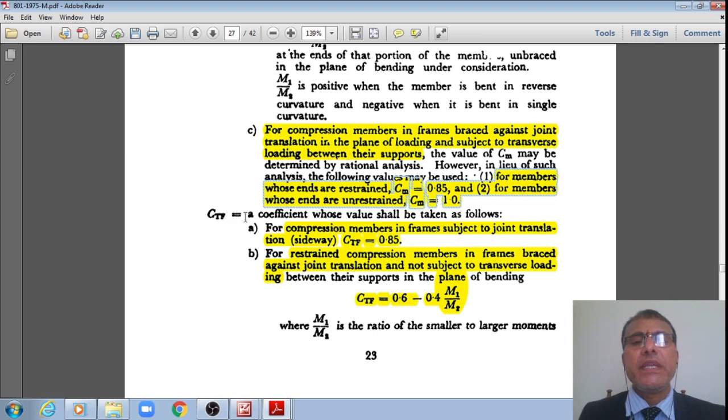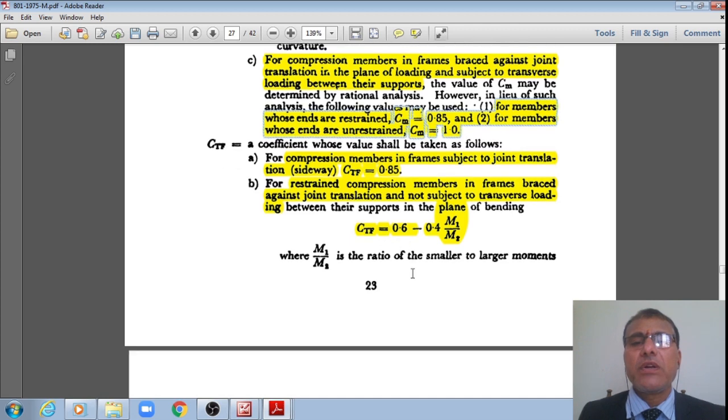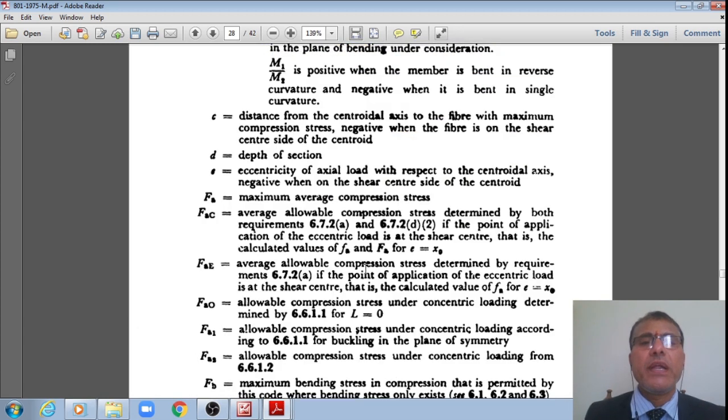And Ctf, a coefficient, shall be taken as follows: for compression members in frames subjected to joint translation sideways, Ctf is equal to 0.85. For restrained compression members in frames braced against joint translation and not subject to transverse loading, Ctf is equal to 0.6 minus 0.4 m1 divided by m2. M1, M2 we already discussed, right?